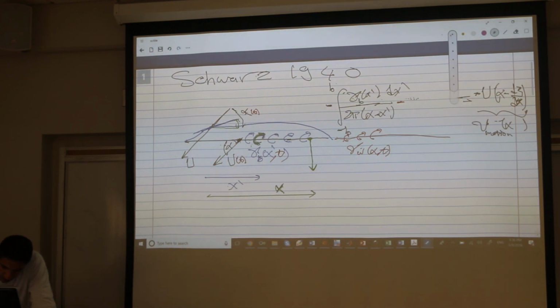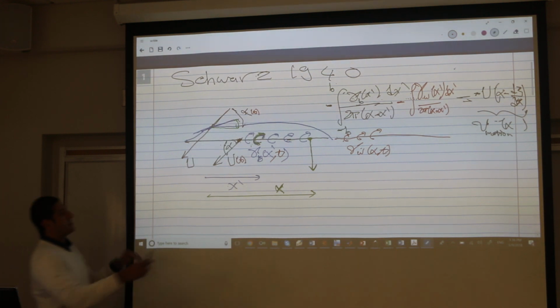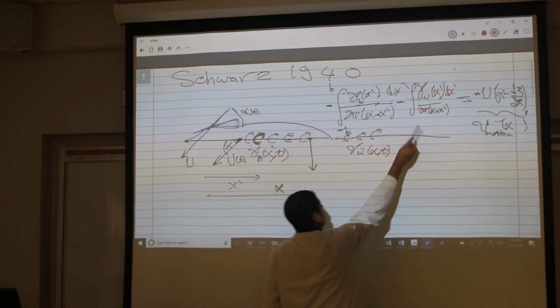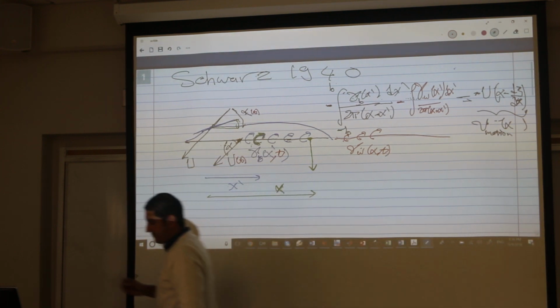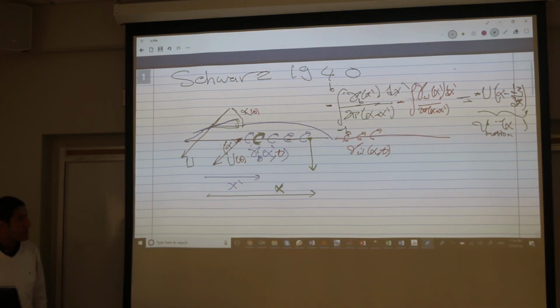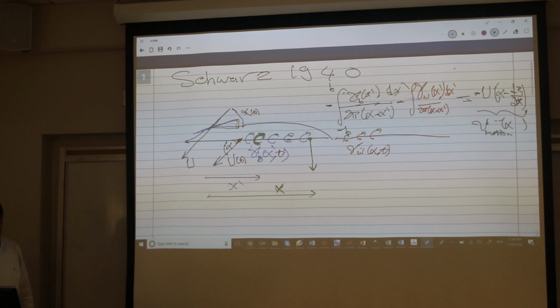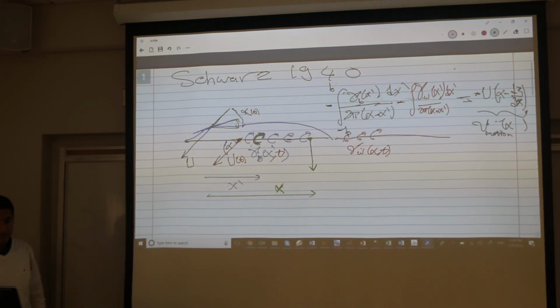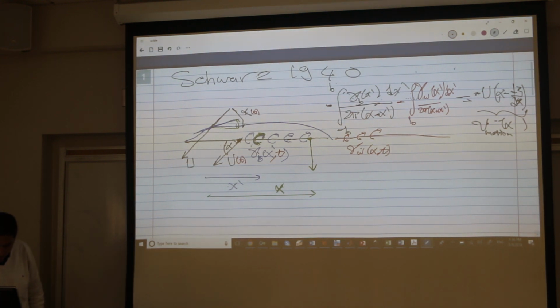So integral of gamma wake of x prime, dx prime, over 2 pi times x minus x prime. But if the limits here are from negative b to b, the limits over there will be from where? The limits in the red integral will be what? B to infinity. Very good.